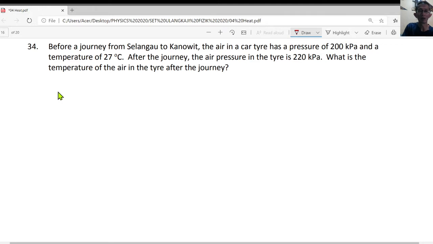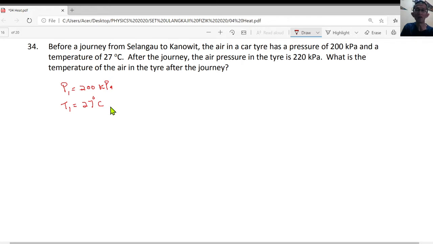So I have my P1, that would be 200 kilopascal, and then my temperature 1 is 27 degrees Celsius. Remember that in gas law we do not work with temperature in Celsius, we work with the temperature in Kelvin.